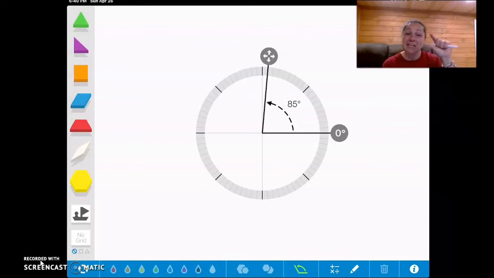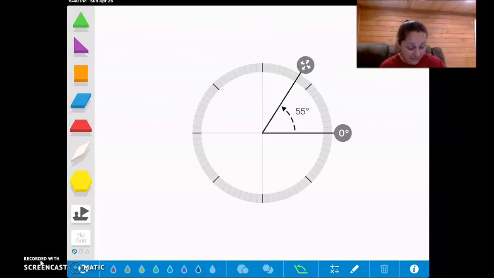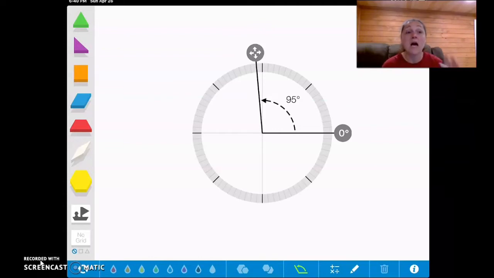So it's an acute angle. Oh, he's so acute, this little angle. Okay, this is an acute angle. This is a 90-degree angle. And anything over, boop, he is an obtuse angle.